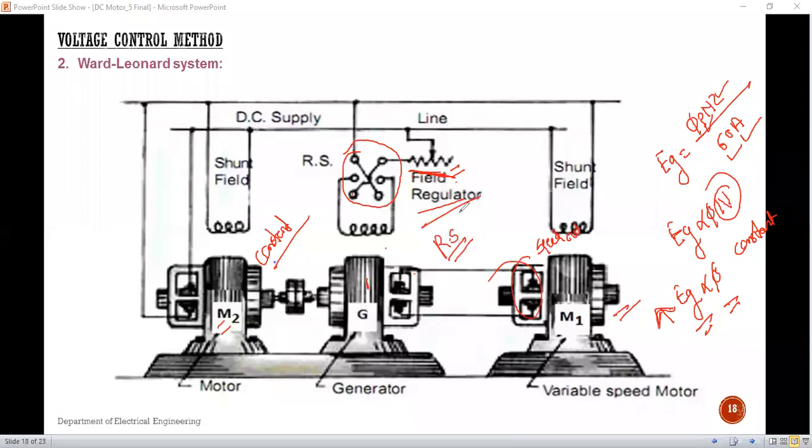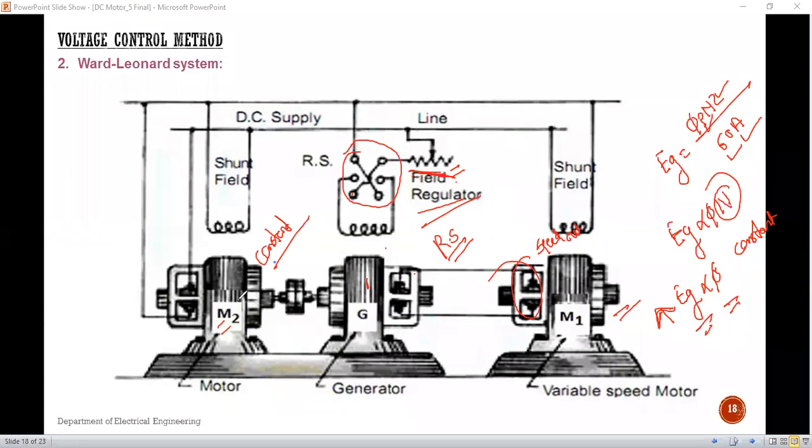Suppose we want to run the motor in the opposite direction. Suppose we require a speed in the opposite direction. If I want the speed in the opposite direction, then I will use the switch.